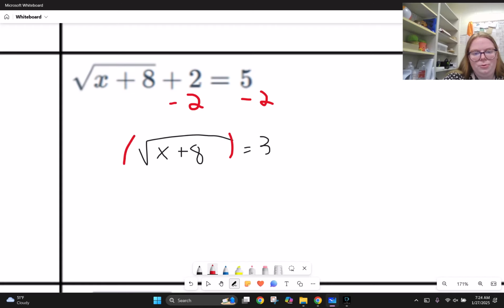Now that that radical is gone, x plus 8 equals 3 squared, which is 9. I will then subtract 8 from both sides of this equation. And 9 minus 8 is 1.